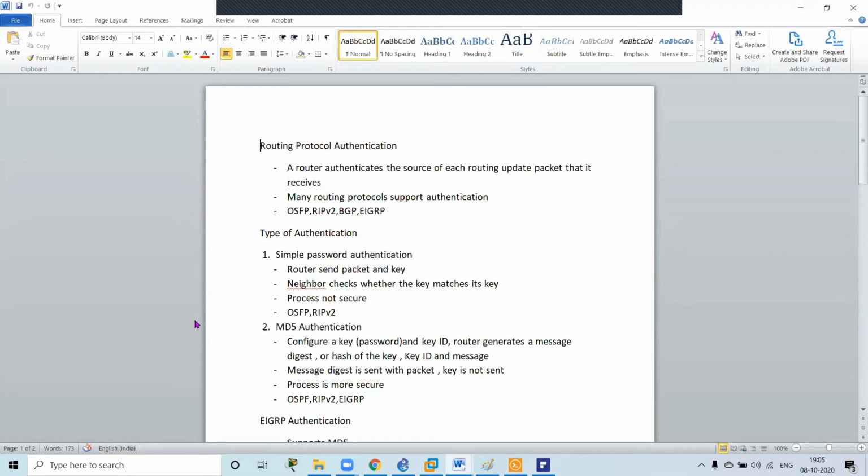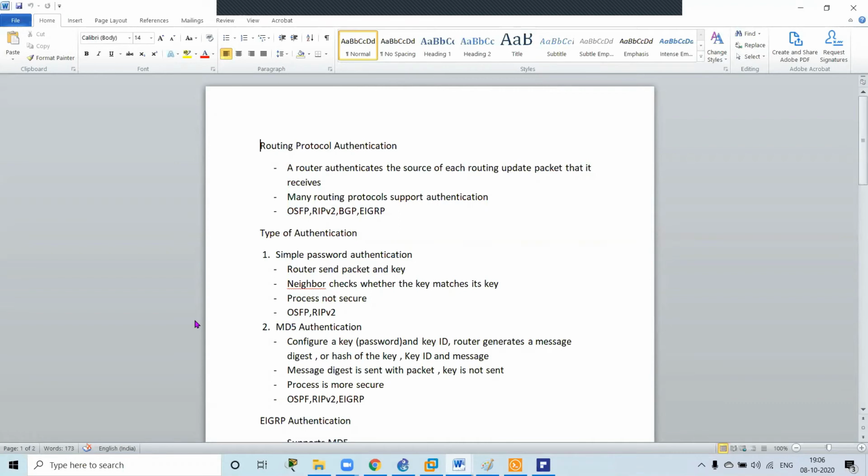What is sent? The message digest, which is the hash value for the key ID and the message the router is sending. This process is more secure and it is supported by OSPF, RIP and EIGRP.